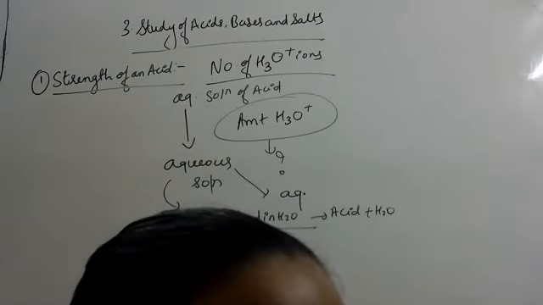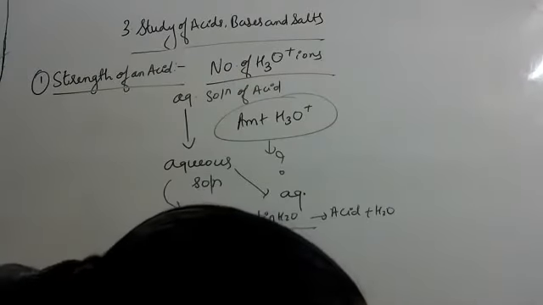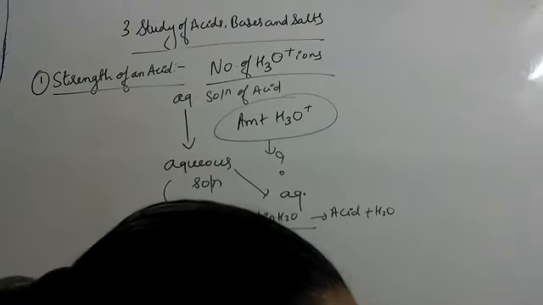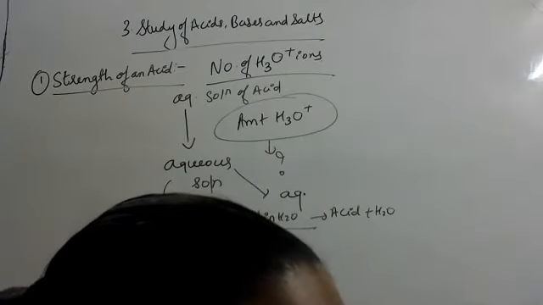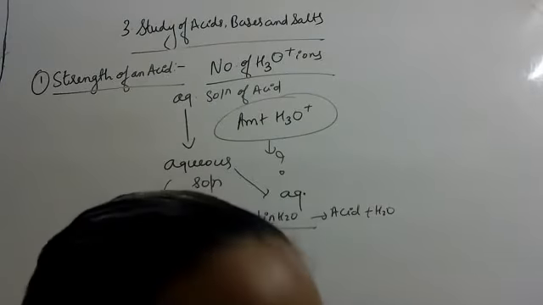So it's an important definition, so I'm going to repeat it once again. You cross-check. The number of hydronium ions present in aqueous solution of the acid is known as strength of the acid.